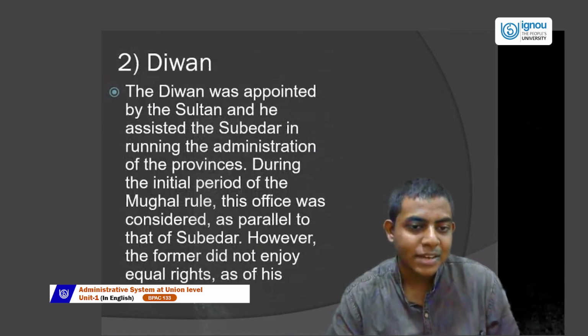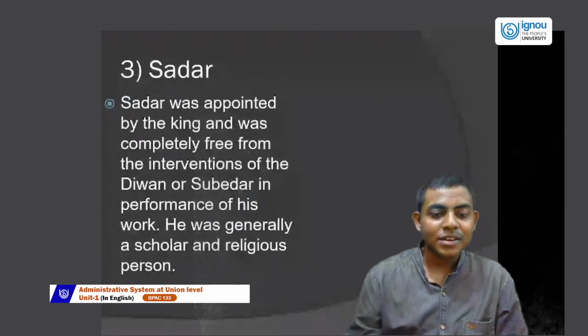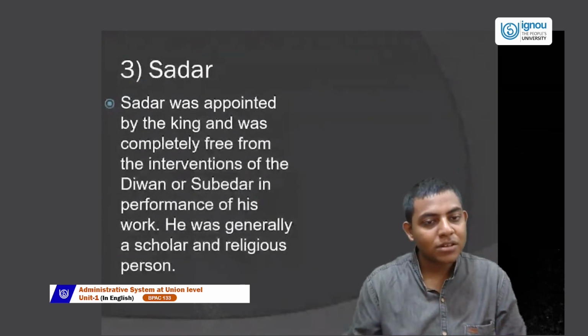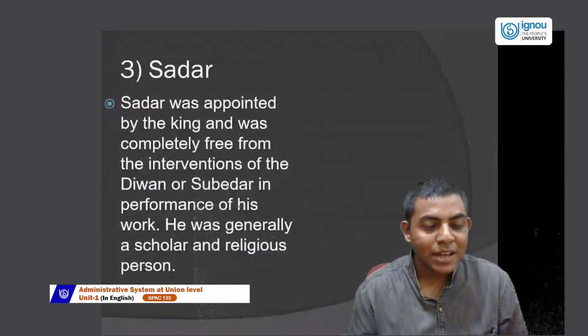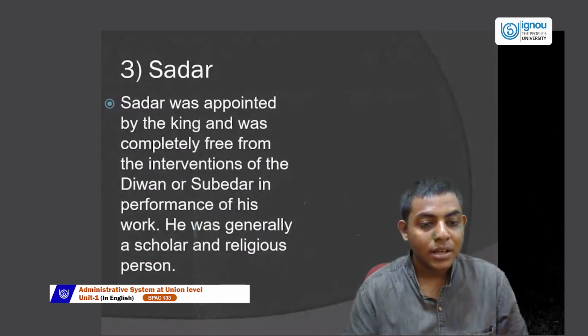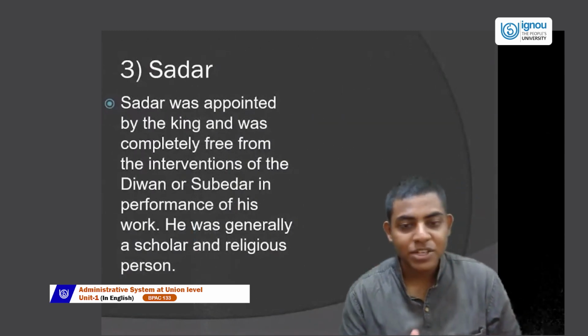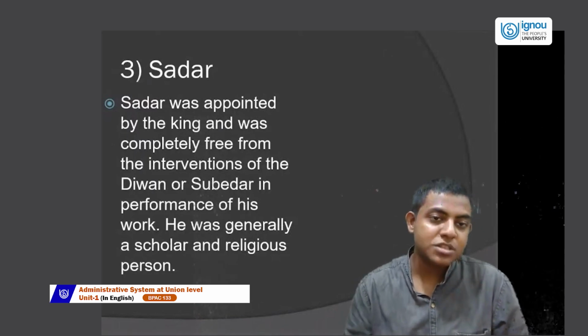So here at the state level also there was a Sadr. Just like there was a Sadr at the central level, there was a Sadr at the state level also. He was appointed by the king and was completely free from all interventions of the Diwan or the Subedar in performance of his work. So we see some sort of a separation of executive and judiciary that was there in this period also.